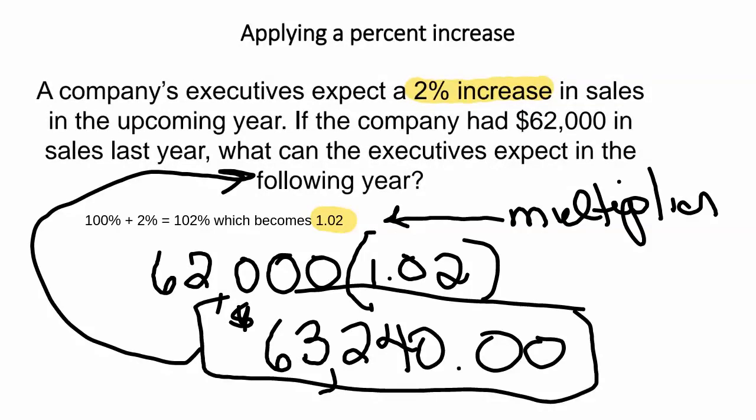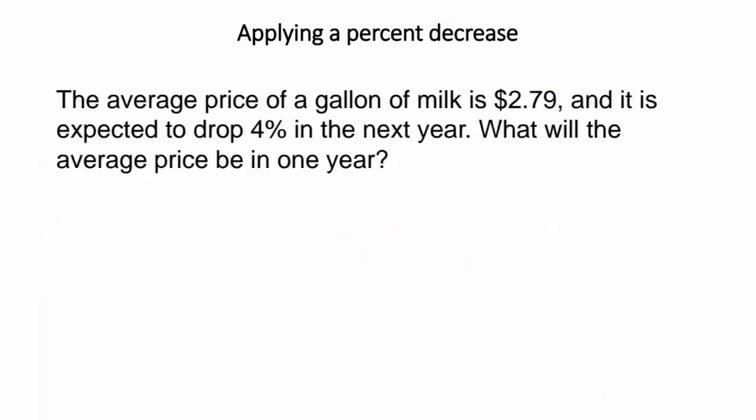And if they want an increase, you know that it's got to be more than 62,000. Okay. Well, let's look at the next story problem. Now, they're giving you a little clue, we're applying a percent decrease.